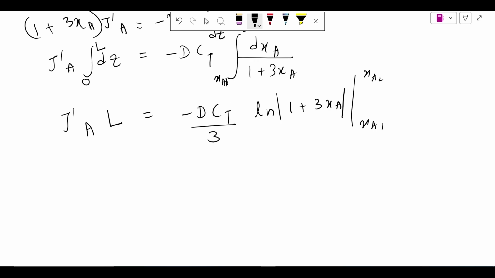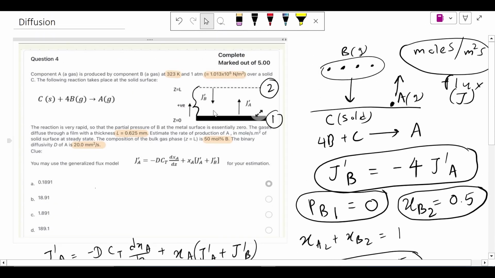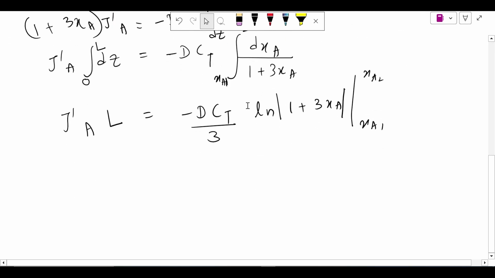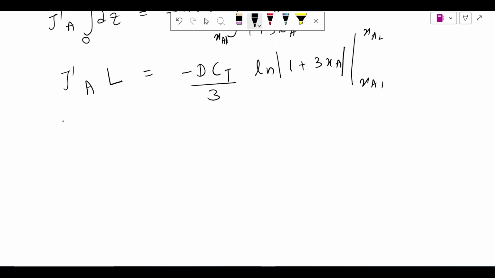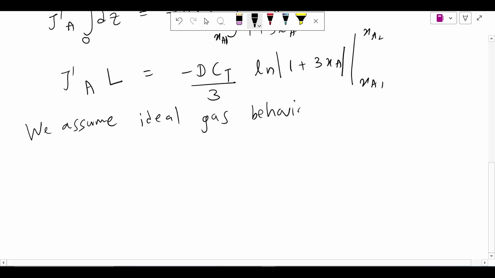And we know all gases are diffusing. Then we can convert CT, the total concentration, into system pressure and temperature by using the ideal gas law. We assume ideal gas behavior, then we can get the ideal gas law, PV equals nRT.